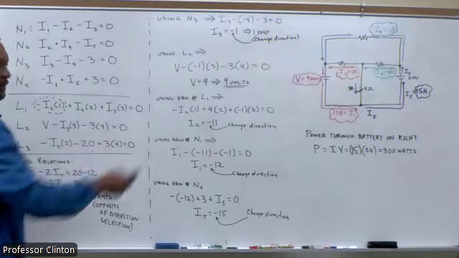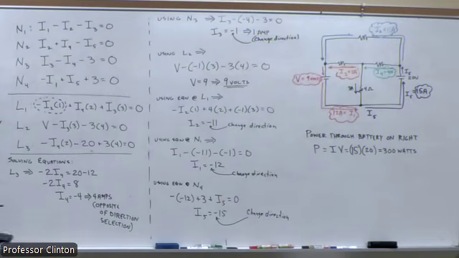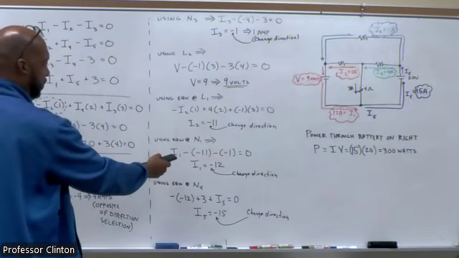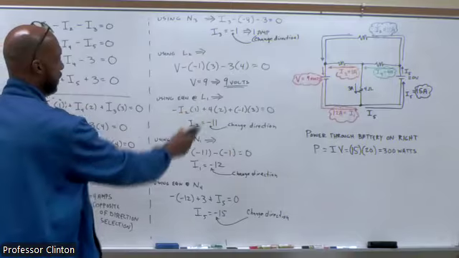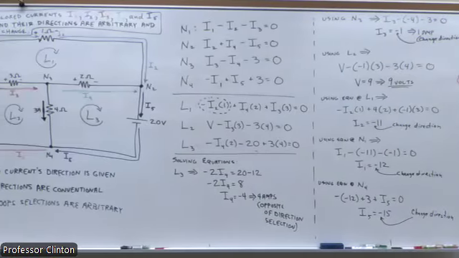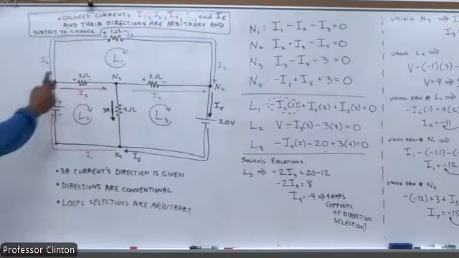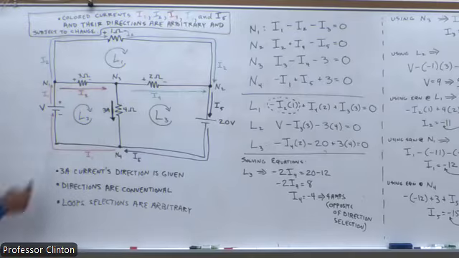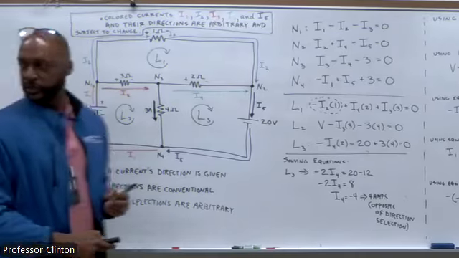Again, seeing I get a negative sign, not too big of a deal, and so on and so forth. Okay. So everywhere that we see a negative current is an indicator that the selection that I chose over here for my current directions need to change.